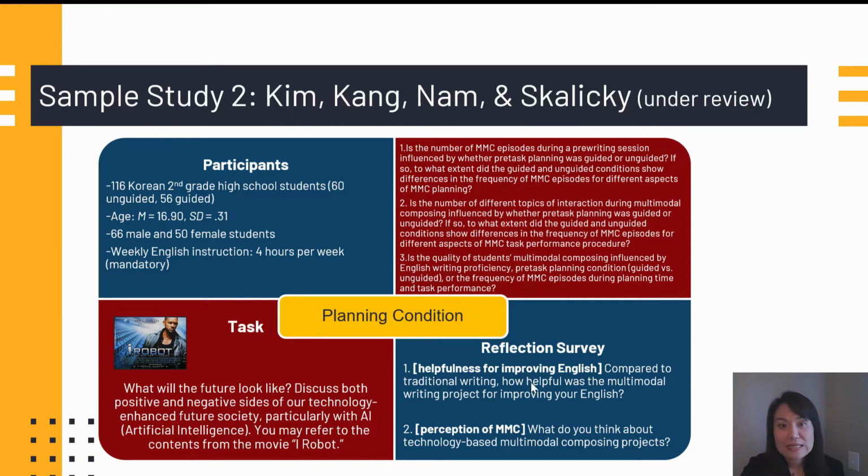So we followed exactly the same research design, but compared people who had structured planning versus people who had unstructured planning conditions, and wanted to see how this planning condition influenced the relationship between MMC episodes and the quality of MMC output.